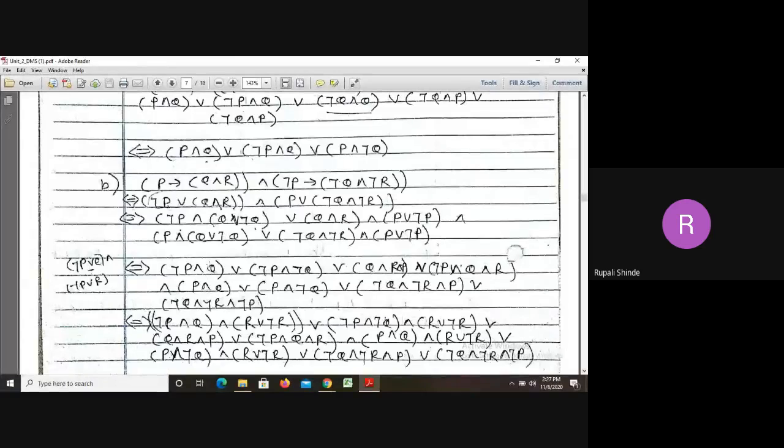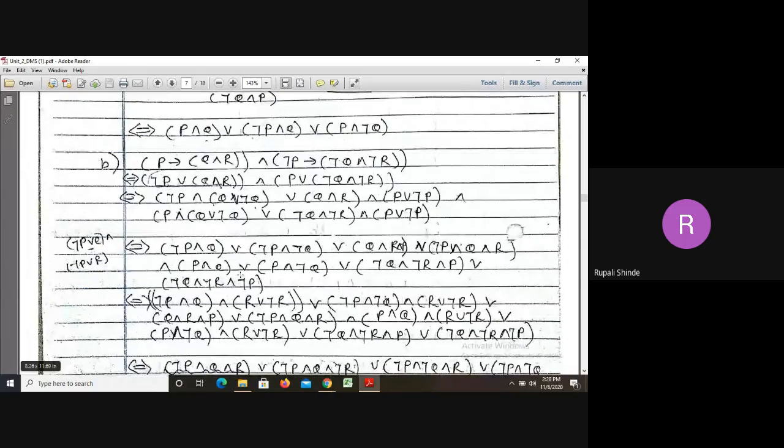Negation P and Q, this is the first term, or negation P and negation Q, or P and Q and R, this is the first term, or negation P and Q and R, this is the second term, and P and Q, this is the first term, or P and negation Q, this is the second term for this bracket, or P and negation Q and negation R, this is one term, or negation P and negation Q and negation R, this is another term.